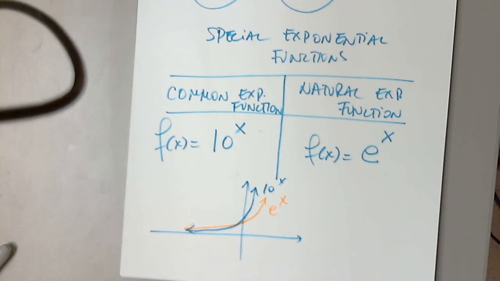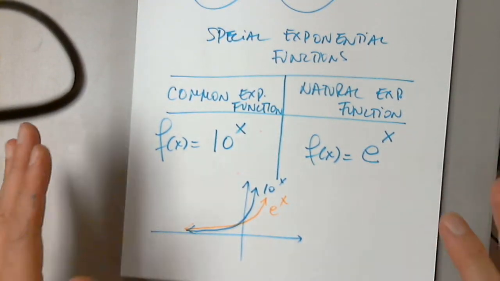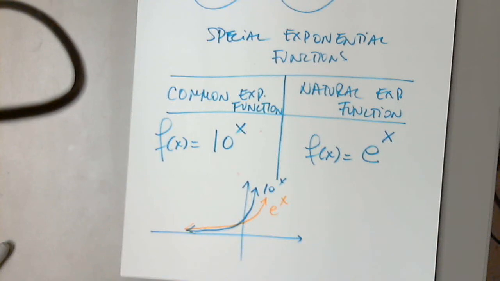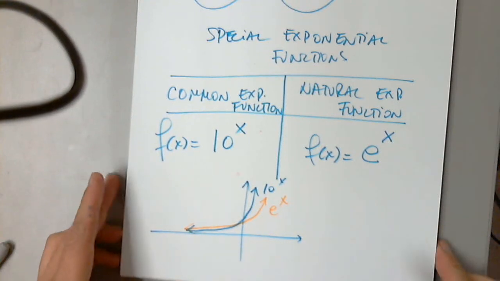So 10 to the x grows at a faster rate than e to the x. Just remember these two, and of course they have special inverse functions. In a minute we'll talk about that.